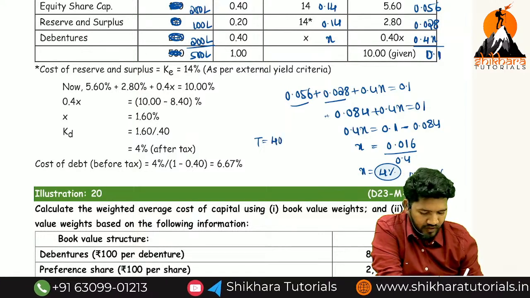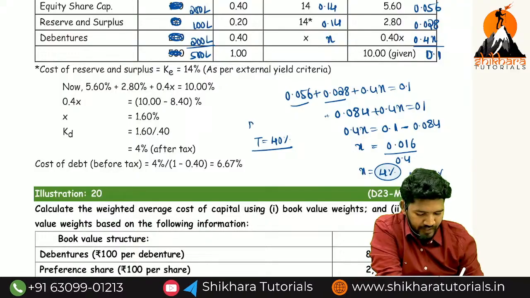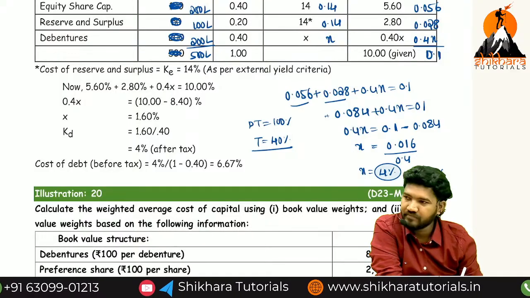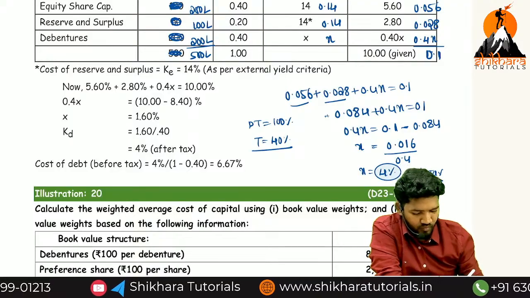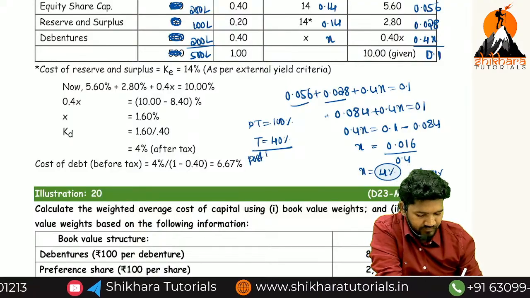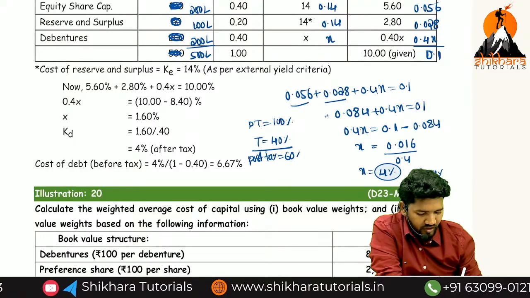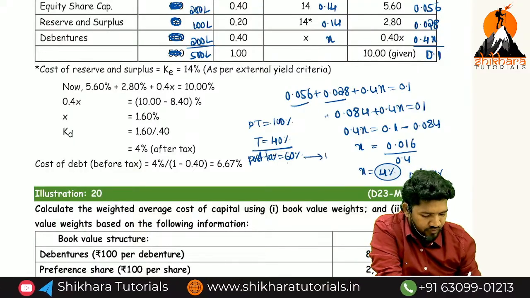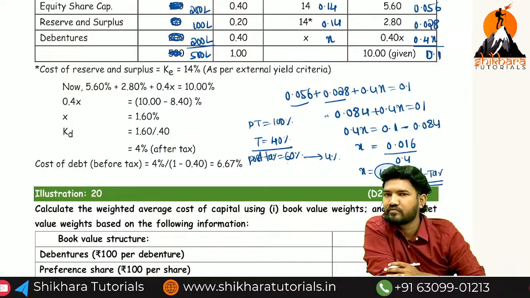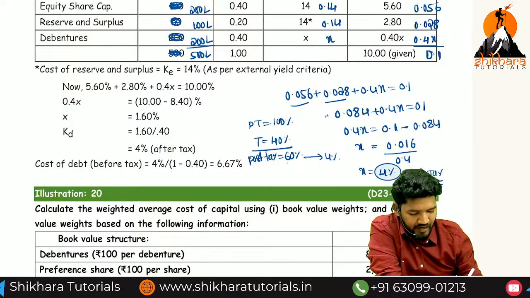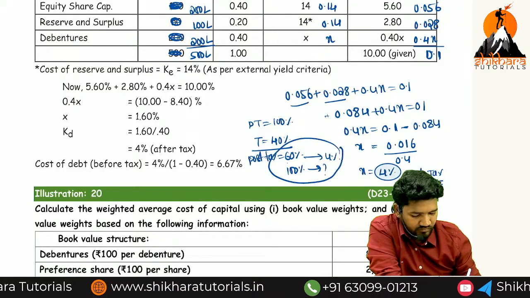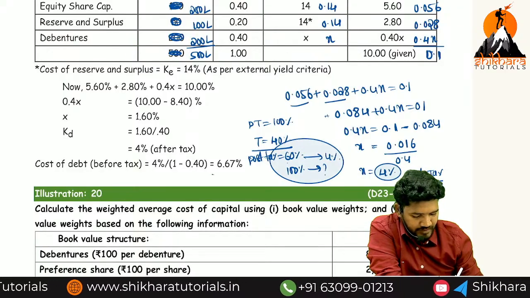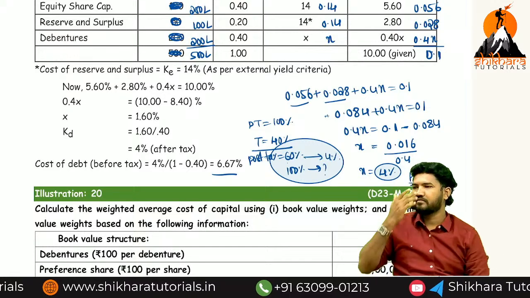See the logic. 40%. Pre-tax equals 100%. Tax is 40%. What about the post-tax? Now the common sense. This 60% is equivalent to 4%. Now what is the requirement? 100%, na? For 100%, how much? 6.67. Completed.